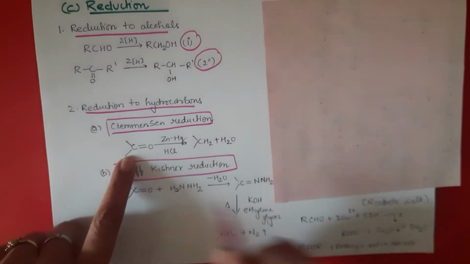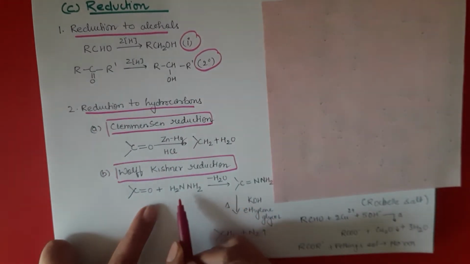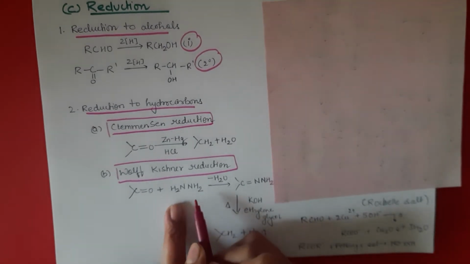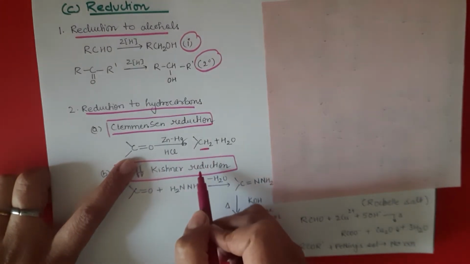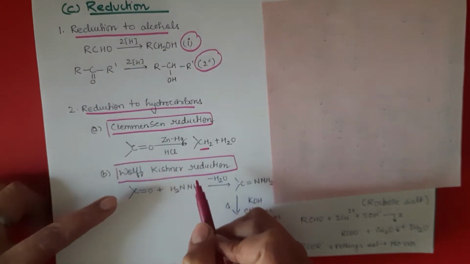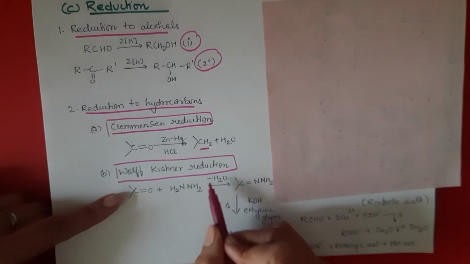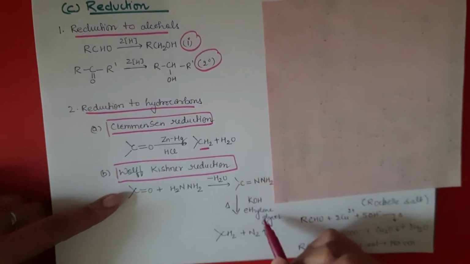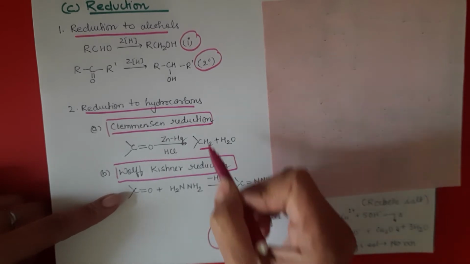The reagent for Clemmensen is zinc amalgam and HCl, and here you can see the reaction of the carbonyl carbon with NH2. So the C=O is reduced to what? Hydrocarbon, CH2. In Wolff-Kishner, first by removal of a water molecule it forms this, and by reacting it with ethylene glycol, nitrogen is liberated and it also forms CH2.